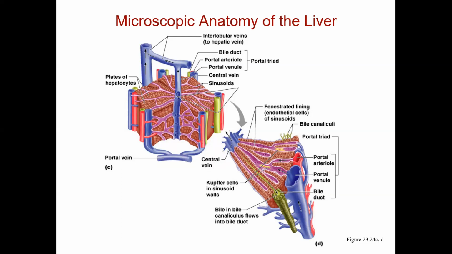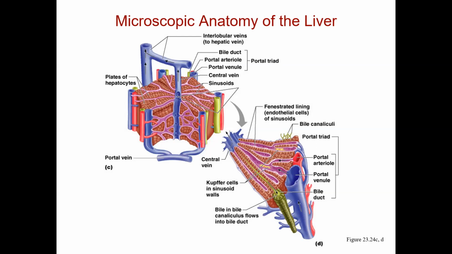All right. So now look at this word here, portal vein. Do you remember where the portal vein came from? From abdominal organs, right? From mostly the small intestine and splenic vein, right?